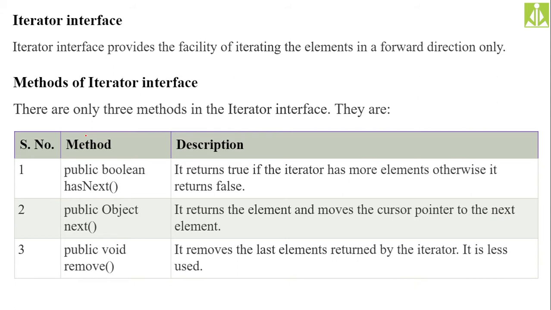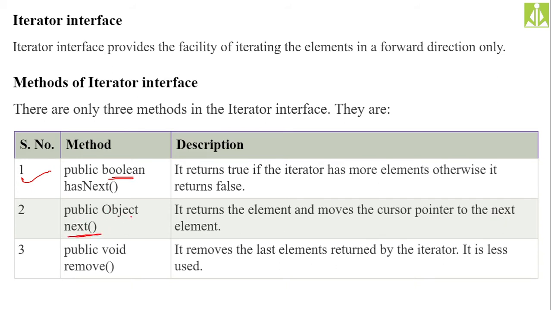If the next element exists, it will return true, and if it does not exist, it will return false. hasNext checks for the existence of elements, which is why it returns a boolean value. But next will return the current element and move one location in the forward direction.